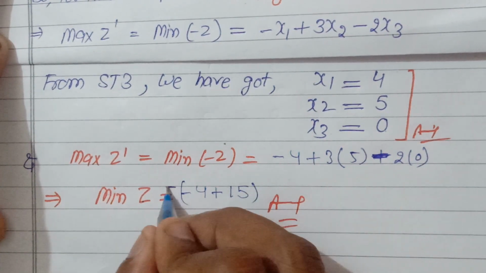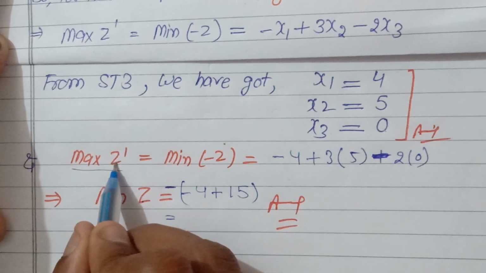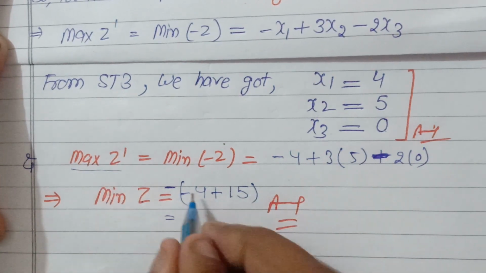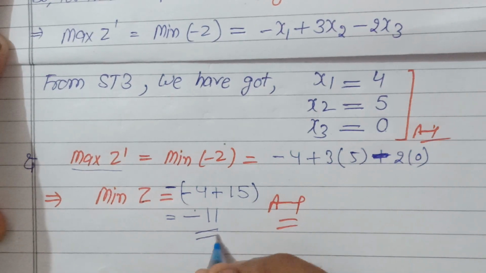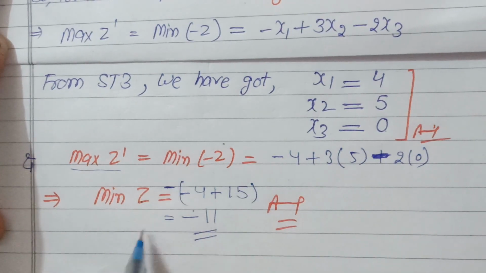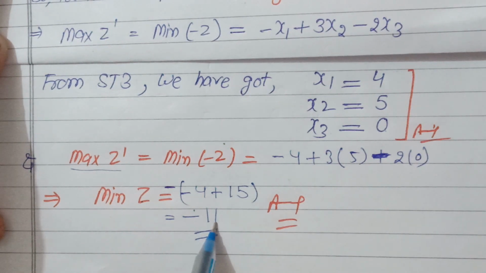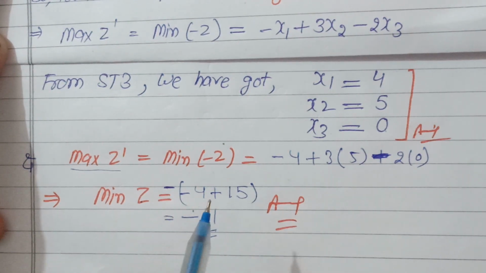This will have a minus sign as this is the objective function for maximization of Z, so the value comes out to be minus 11. So this is the optimal value for the LPP using the simplex method.